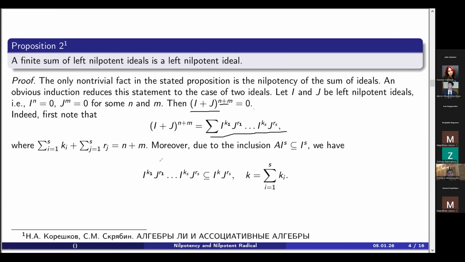Moreover, the inclusion is a subset of A because I is a left ideal of A. These multiplications are a subset of I to the power k multiplied by J to the power rs.